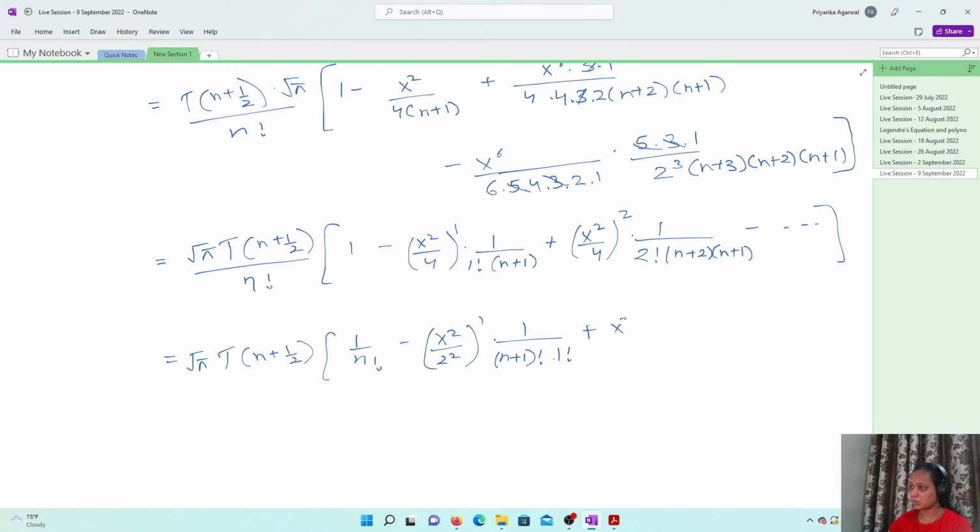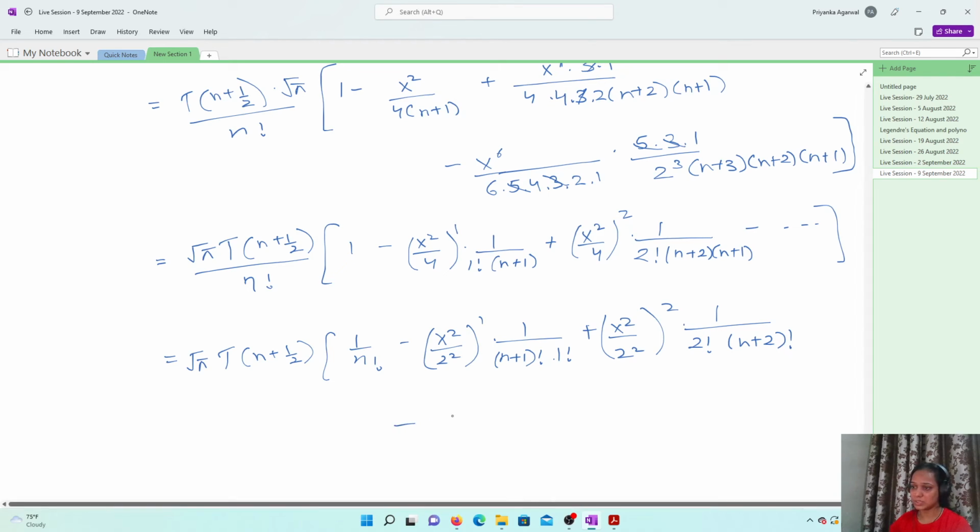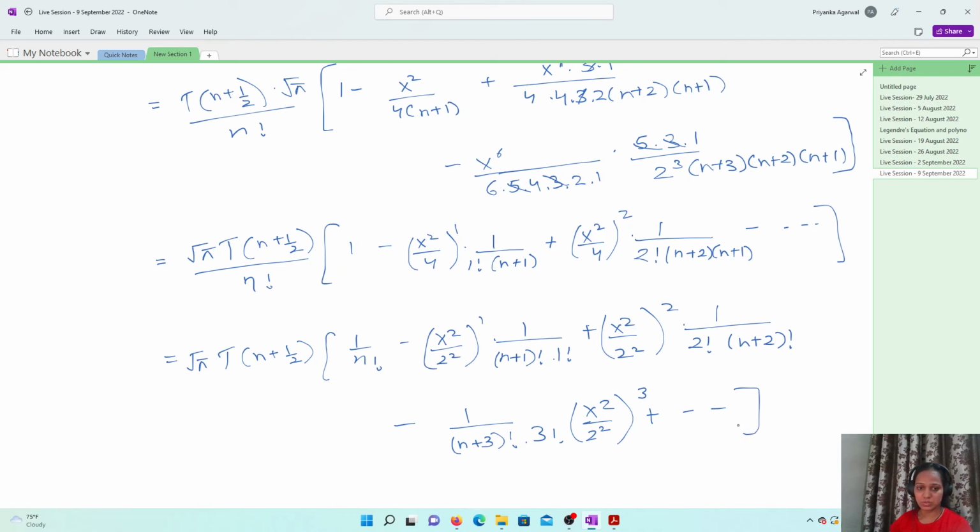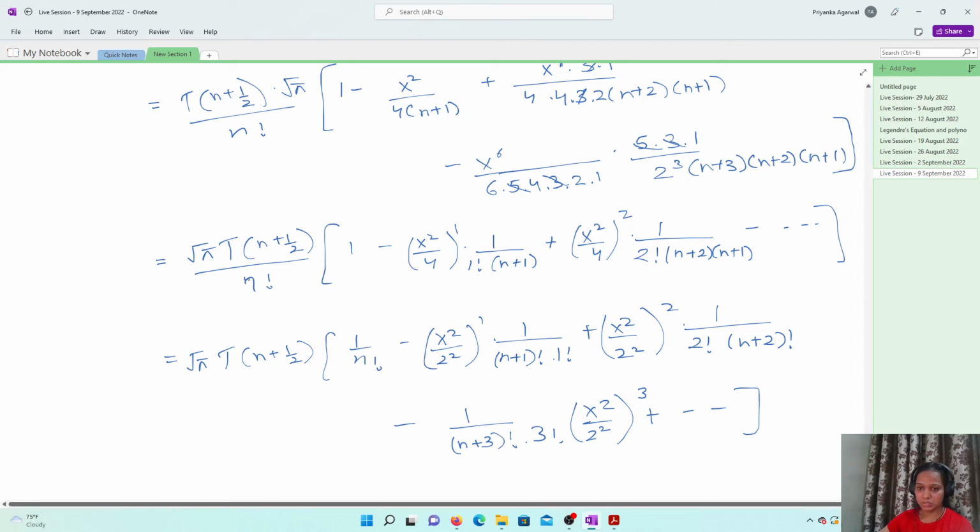Similarly over here x square by 2 square to the power 2 into 1 over 2 factorial into n plus 2 factorial. Similarly the third term will be 1 over n plus 3 factorial into 3 factorial, x square over 2 square to the power 3, plus and so on. So this is how we can write it.